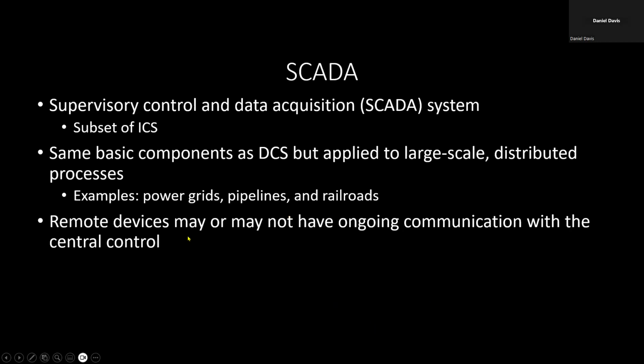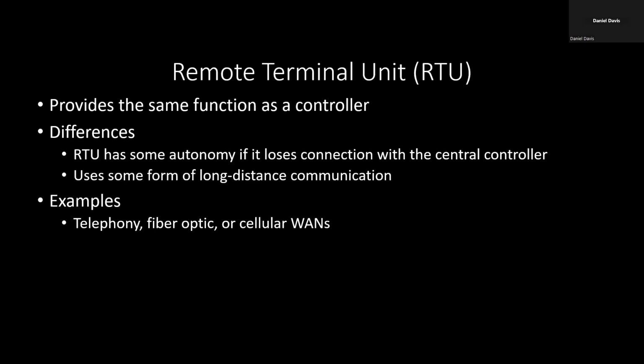In this situation, remote devices may or may not have ongoing communication with the central controller. RTU, Remote Terminal Unit, provides the same function as a controller. The difference is that an RTU has some autonomy if it loses connection with the central controller. It uses some form of long-distance communications. Examples would be telephony, fiber optics, and cellular WANs.